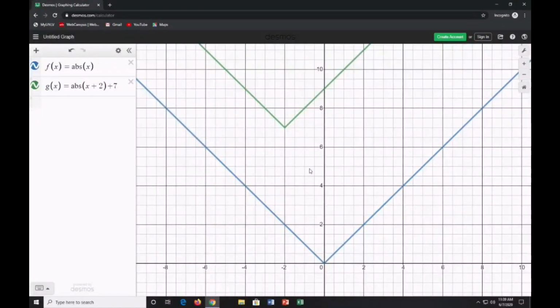It's the green one, right? So there was a 2 unit movement that happened to the left, and then 7 unit movement upward, right? So what's the coordinates of that transformed vertex right there? We can easily snap to it by saying minus 2 comma 7, right? That dot that you see, and let's label it like that.